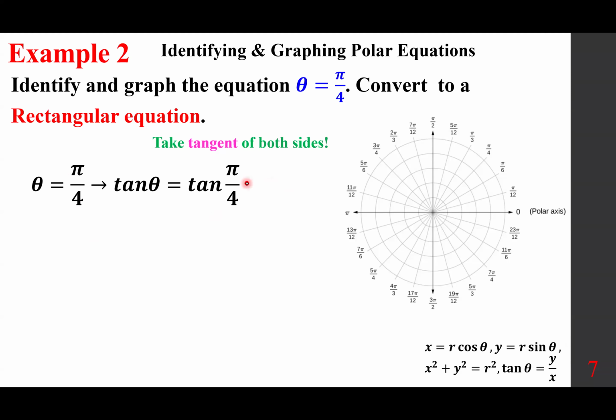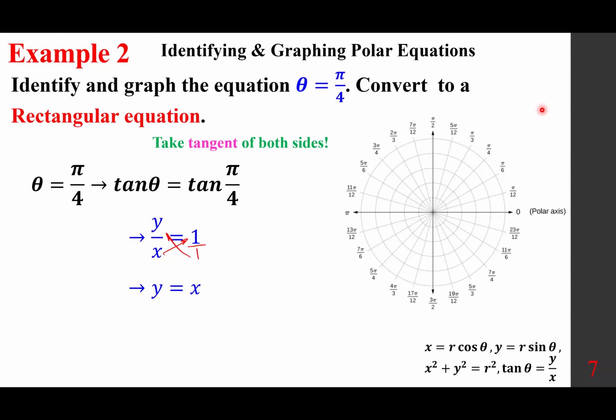We know tan of pi over 4 is 1, and tan theta is y over x. So we replace this with y over x and this one with 1, and cross product gives you y equals x.